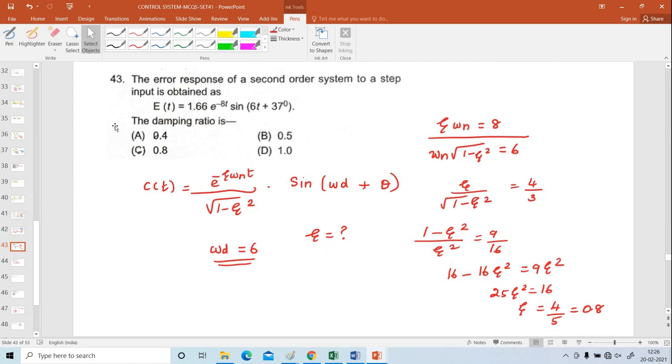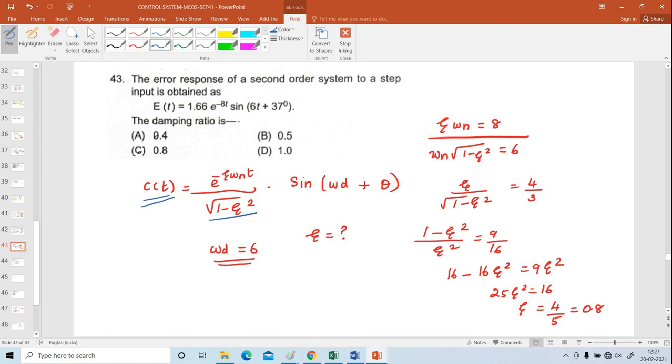Next, the error response of a second order system to a step input is obtained as e(t) = 1.66 e^(-8t) sin(6t + 37 degrees). Find the damping ratio. So it is equated to the standard second order response, c(t) = e^(-ζωn t)/√(1-ζ²) sin(ωd t + θ).